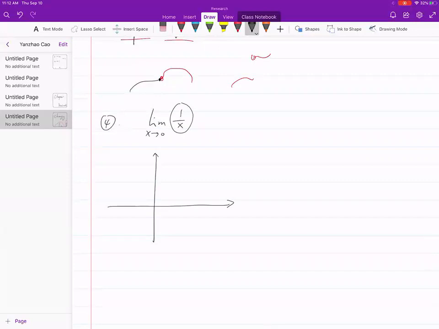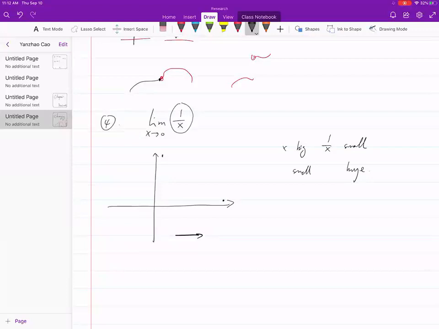Let's just think about positive numbers, to the right of this quadrant. When x is big, this one should be small. When x is very small, this one should be huge. Right? That means when x is big, this one should be low. When x is small, this one should be high.